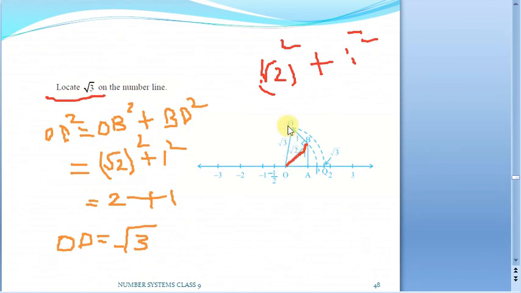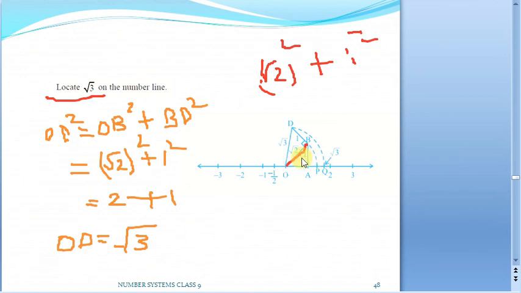So see here, triangle OBD. Is it a right angle triangle? Yes, it is a right angle triangle. Can we use our Pythagoras theorem? Yes. OD square, that is hypotenuse square, is equal to side square plus side square. One of the sides is OB, the other side is BD. So OB square plus BD square is equal to OD square.